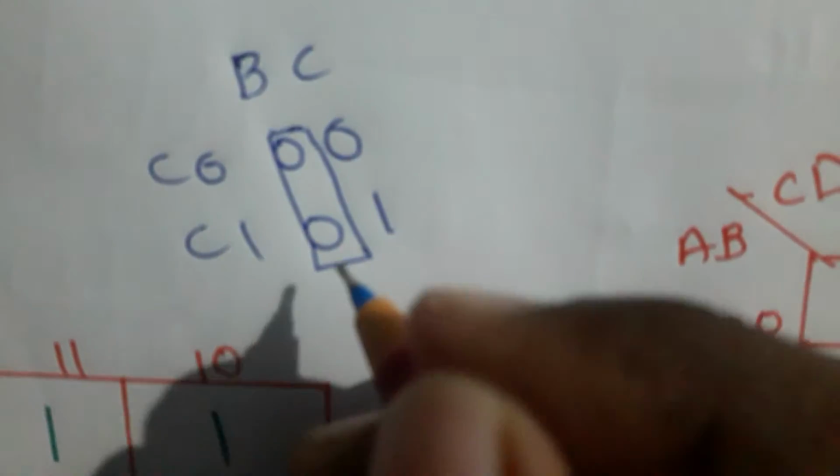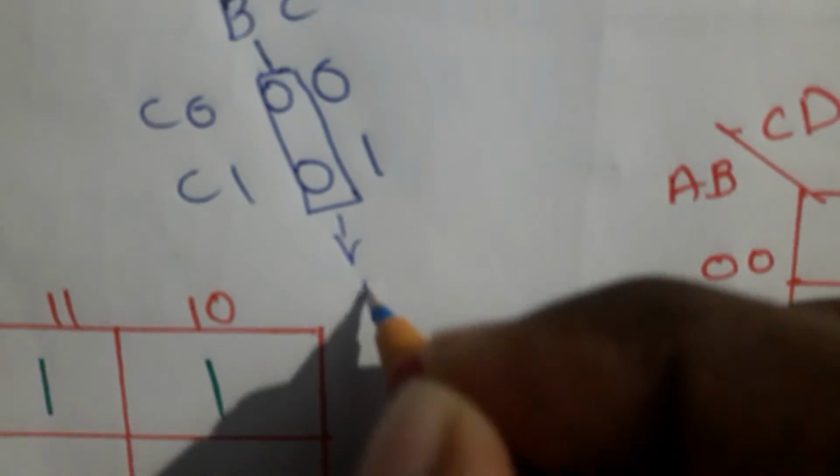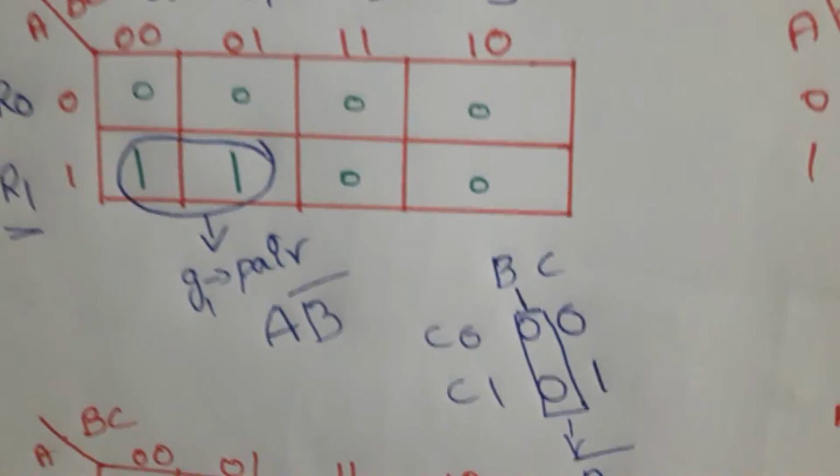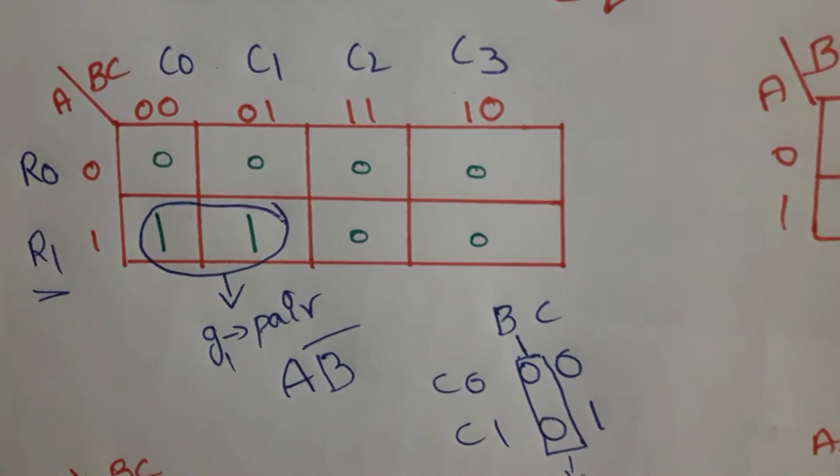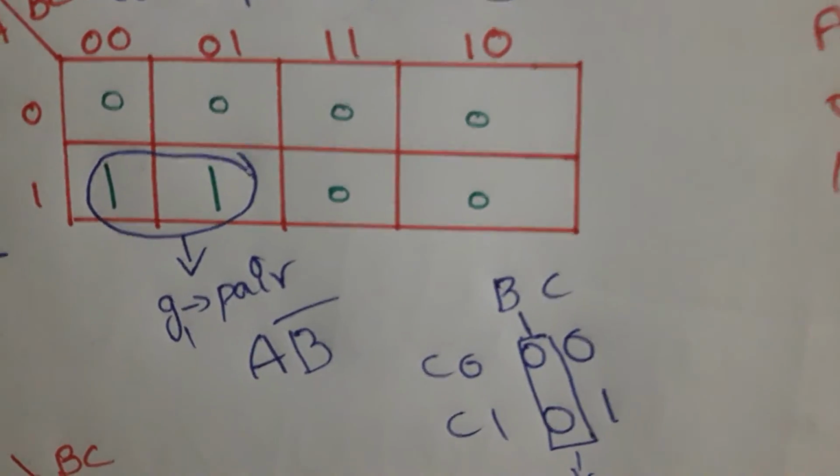We have to take the common term. 0 is the common term, so 0 in place of B, and we will write this as B bar. So the equation for this example one is A B bar.